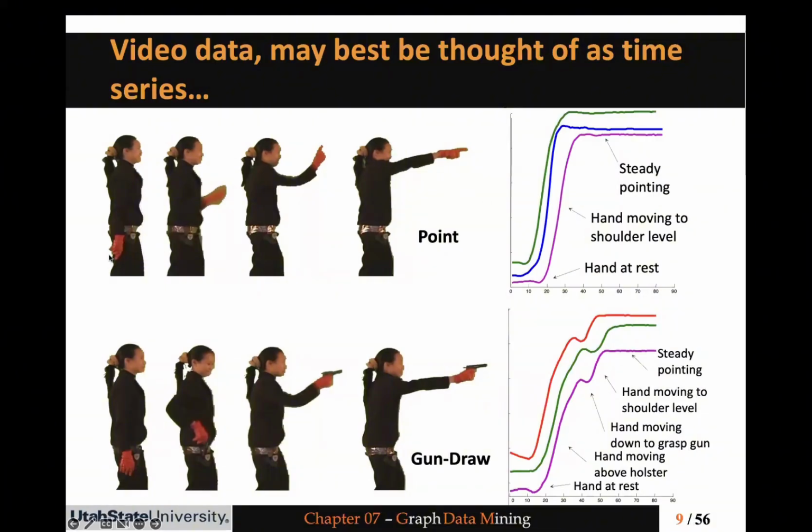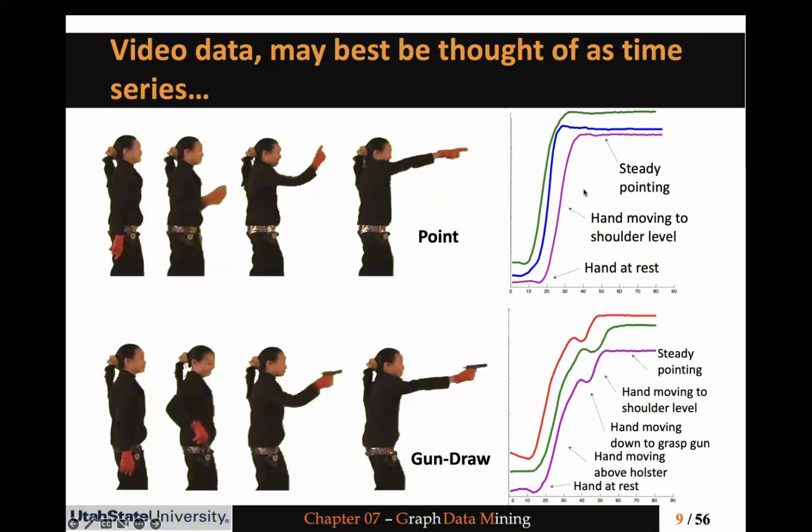As she moves from resting all the way to steady pointing, which is the last frame behavior here, you could see that the time series of a pointing looks like this shape over here, which is shown in red, green, and purple.